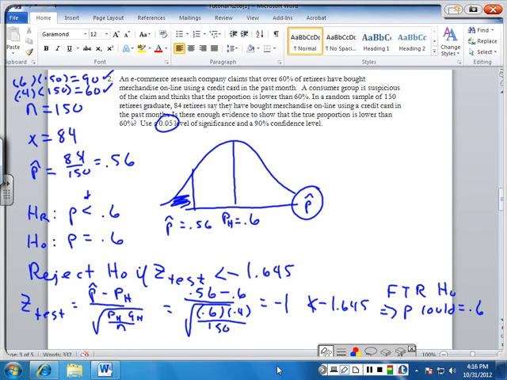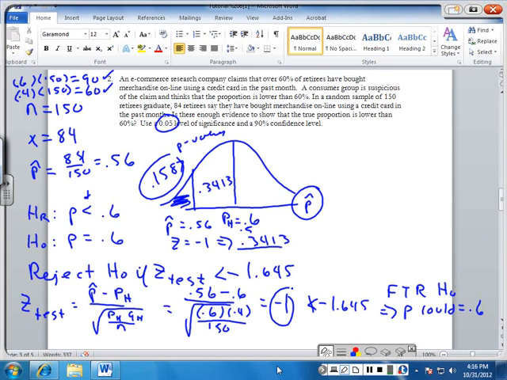With one standard deviation here, z is equal to minus 1. The area in our table is going to be 0.3413, and 0.5 minus that is 0.1587. So that's the p-value.